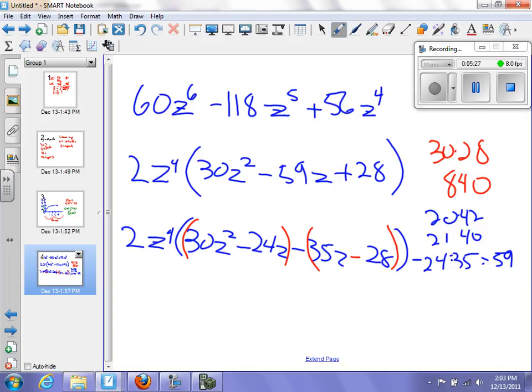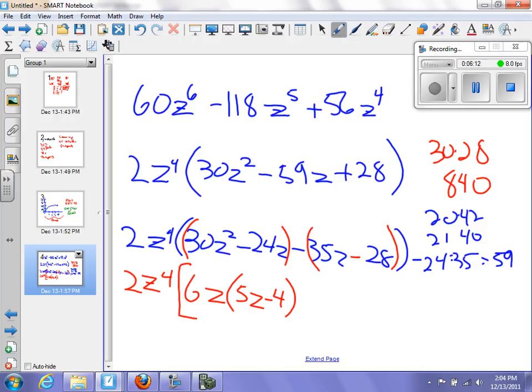So technically it'd be 2z to the 4th times 30z squared minus 24z, and then plus negative 35z. Yes, that'd be the same thing. Okay. So I'm leaving my 2z to the fourth over here to the side, and from this part of the grouping, let's put it in a big bracket, I can take out 6z. And when I take out 6z, I'm left with 5z minus 4.